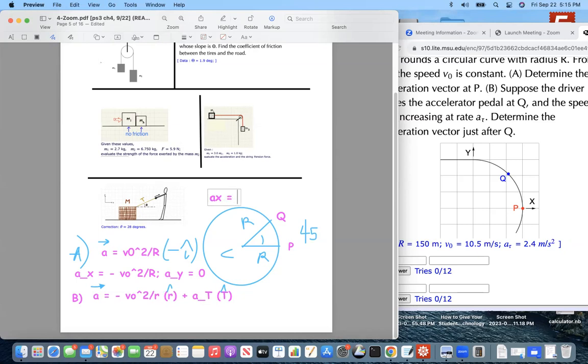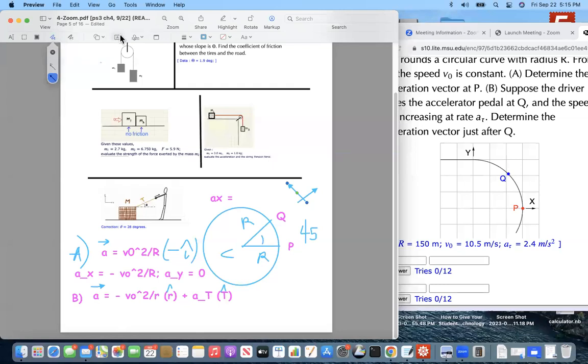Now, what's a x? Well, r hat is in this direction. t hat is in this direction. So r hat has an x component and a y component. And t hat also has an x component and a y component.